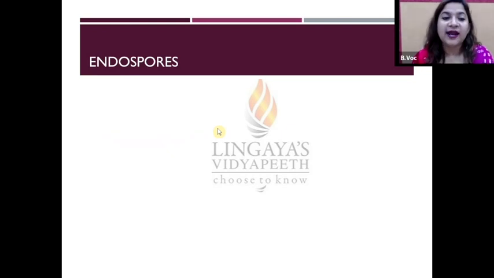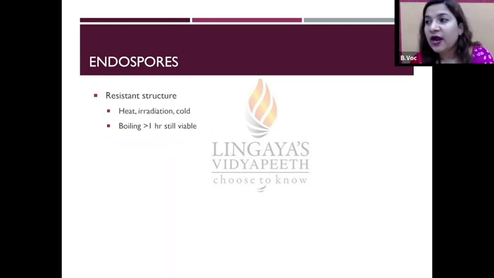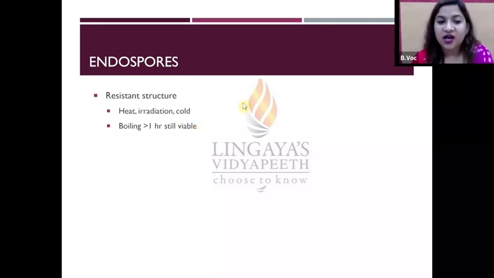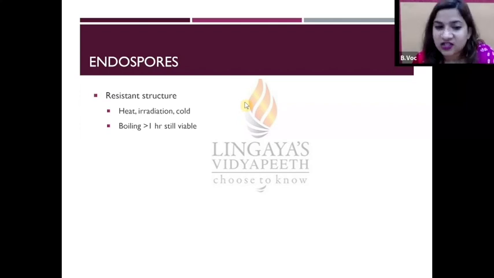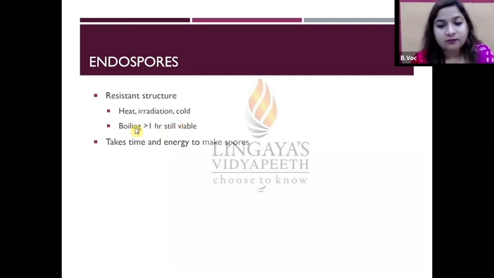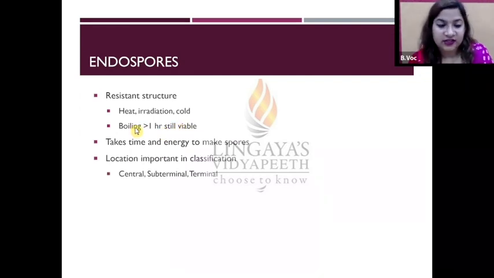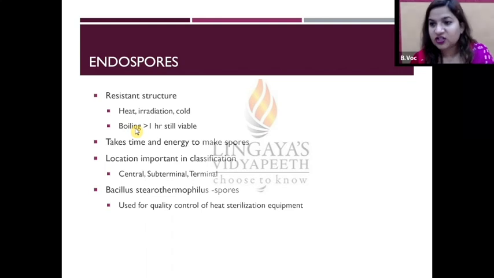Now talking about the endospores of the bacteria. So endospores are resistant structures. These are extra structures which are present on the surface of the bacteria. They are resistant to heat, irradiation, and cold, and they also resist boiling for up to 1 hour and can still be viable. All right. So the location of the spores is important in classification. Endospores can be centrally located, subterminally located, or terminally located.